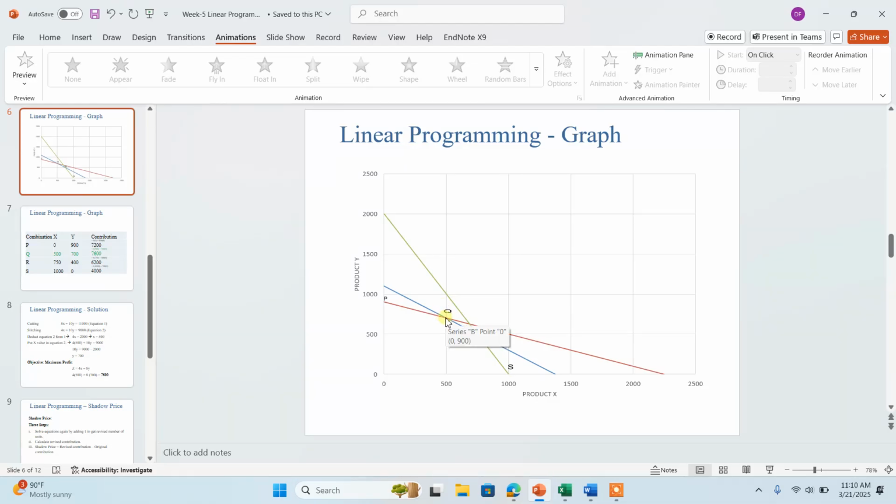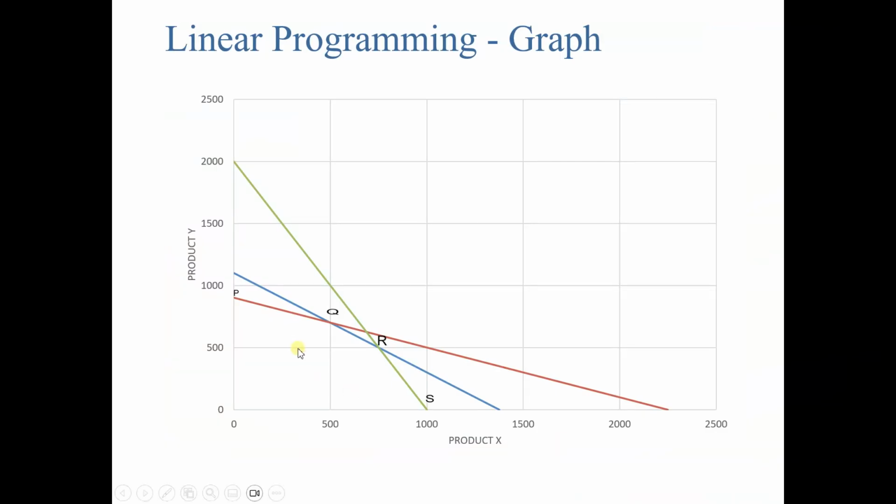Now let's check it through the equations. On this combination you can see that two different department lines intersect. One is the cutting department and one is the stitching department. So we need to look into these two equations, which will help us calculate the maximum combination while utilizing all of the constraints equally.